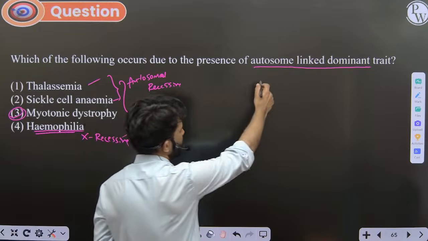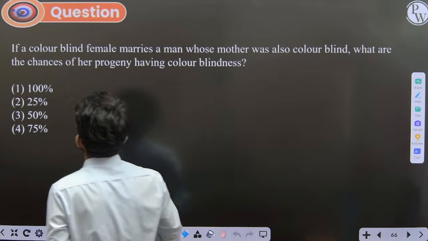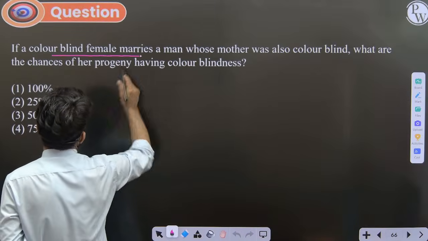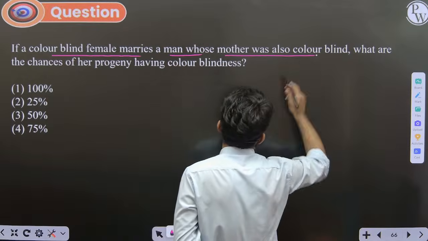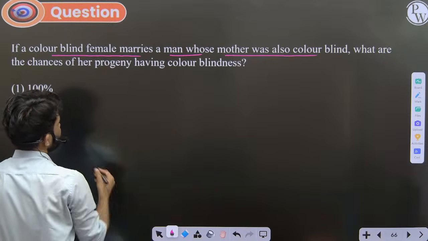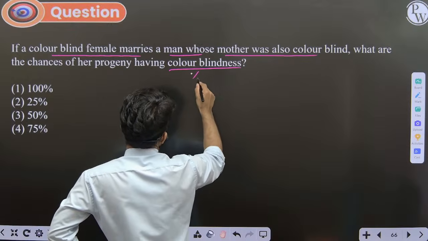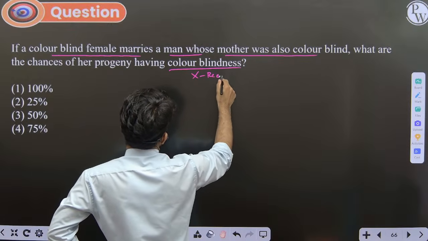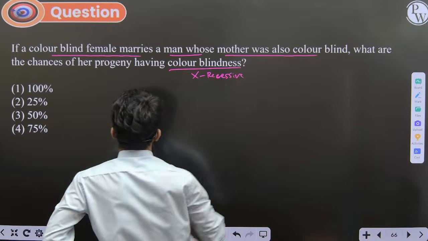Here it is an autosomal dominant trait. Next question: if a color blind female marries a man whose mother was also color blind. The female is color blind. You already know color blindness is an X-linked recessive disorder.